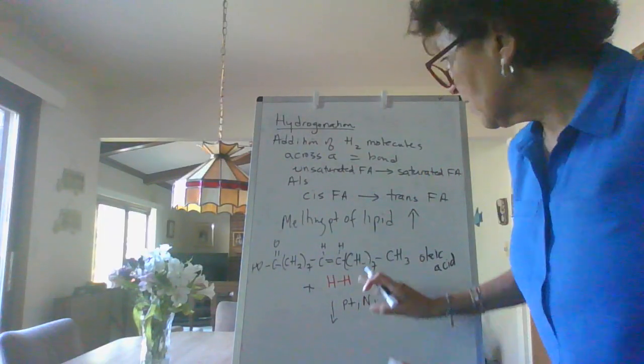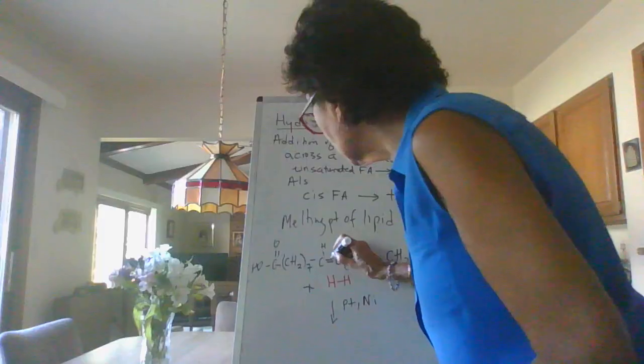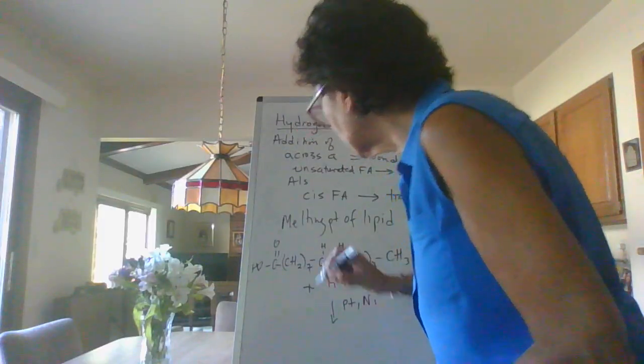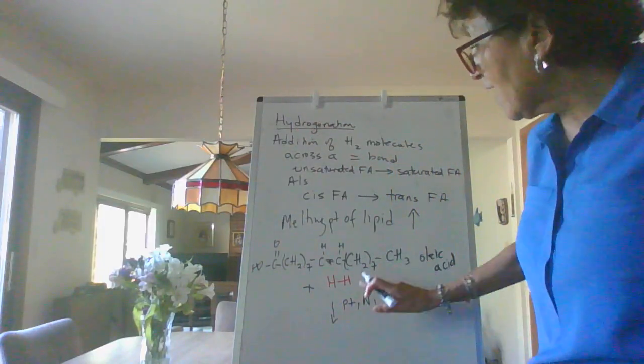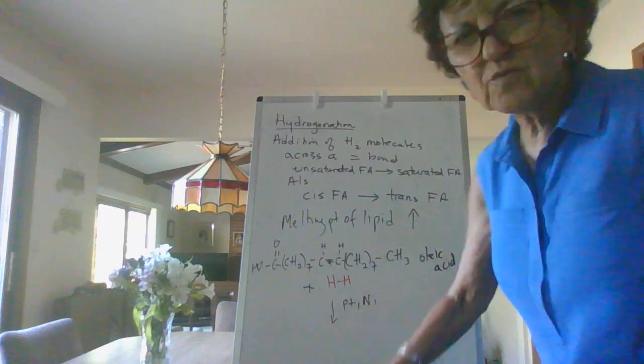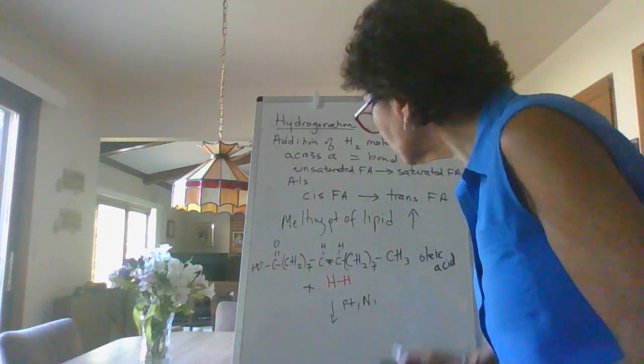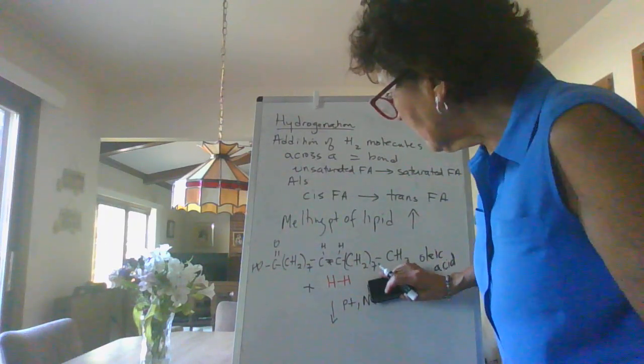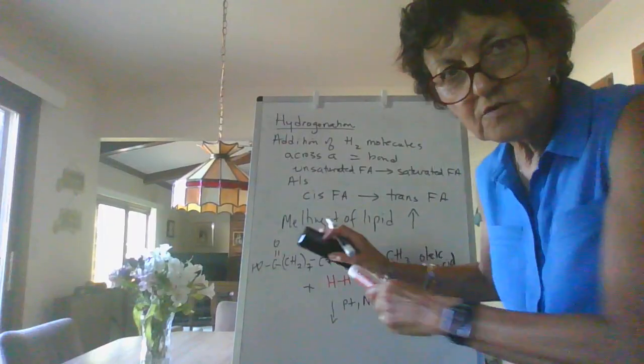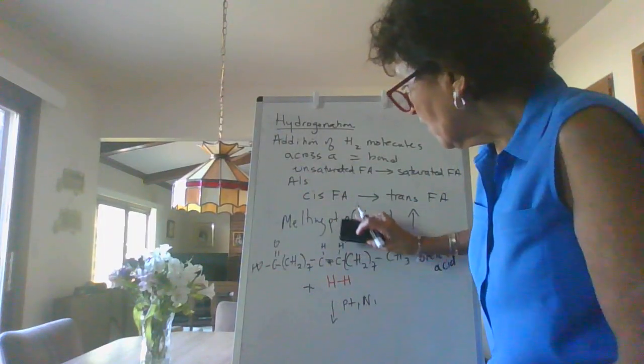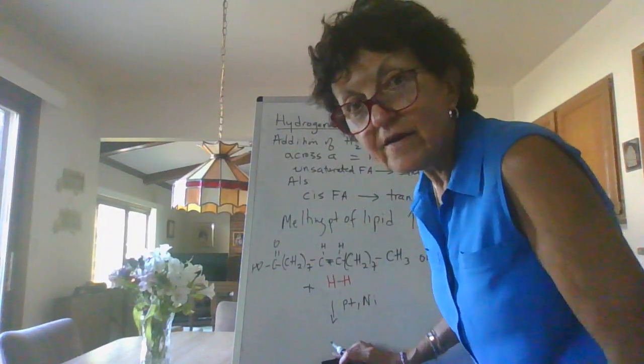So now the double bond is going to break, and we're going to add hydrogens. I don't want to redraw it, so I'm just going to go directly back to this, as if I'm redrawing it.